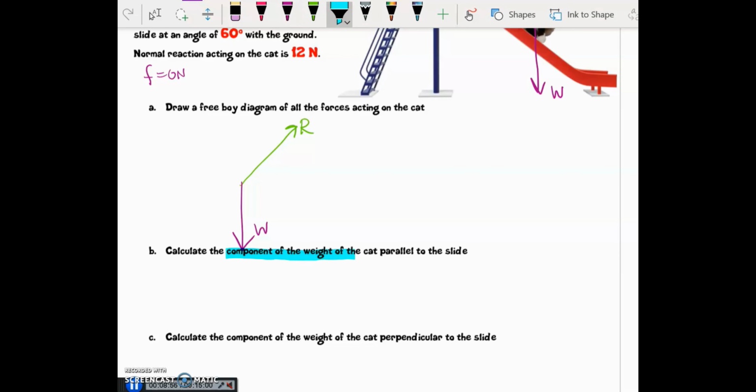We call it as component parallel to the slide or component perpendicular to the slide.